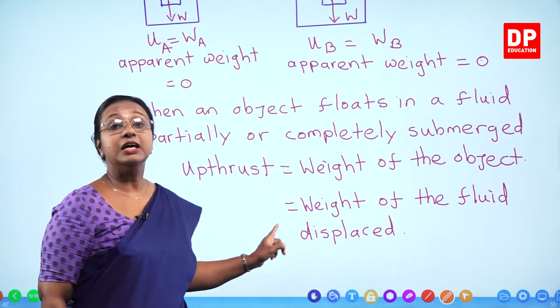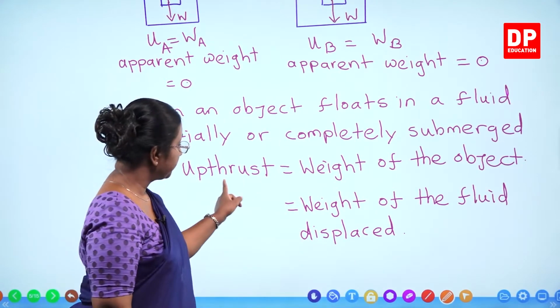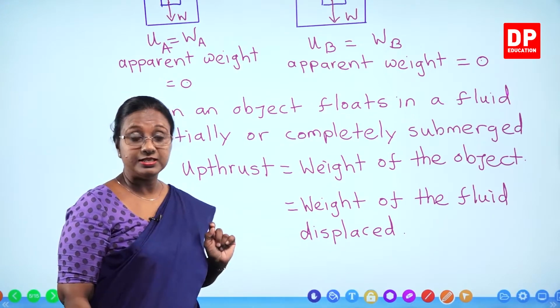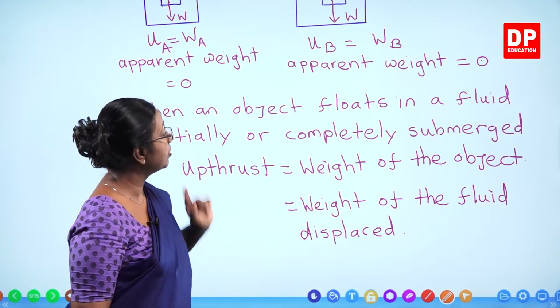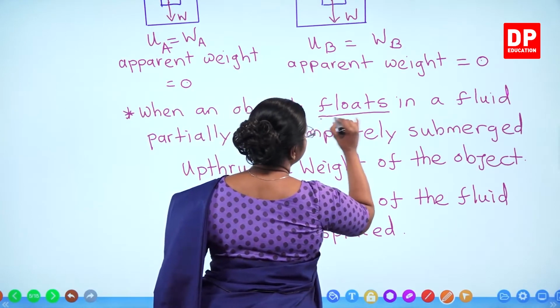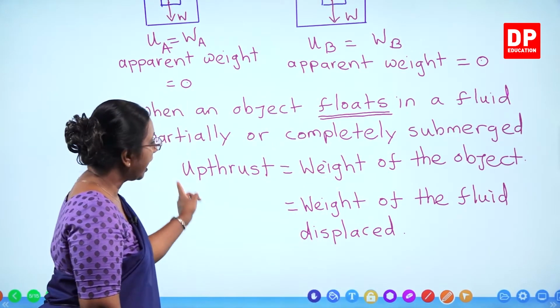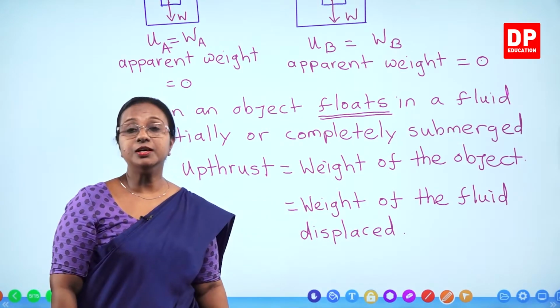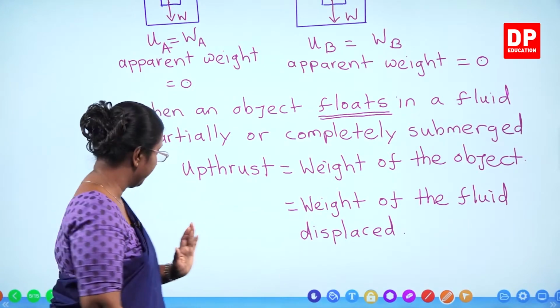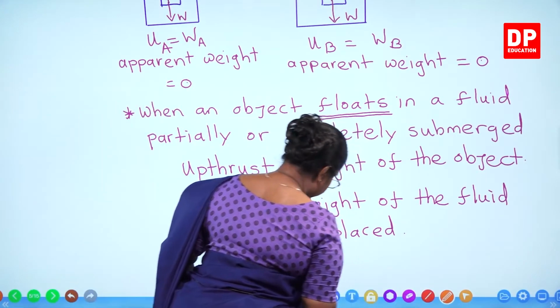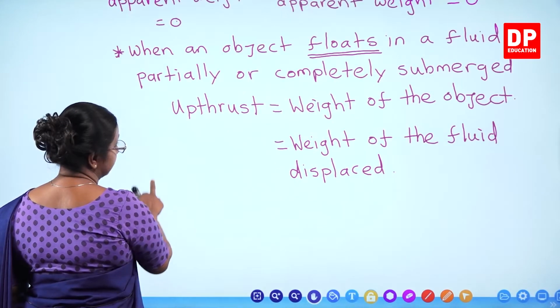So that is the Archimedes principle. Upthrust is equal to the weight of the fluid displaced. But when it is floating, that's very important. When the object is floating, upthrust is equal to weight of the object. That's very, very important. So that's the first one, or the first two instances.